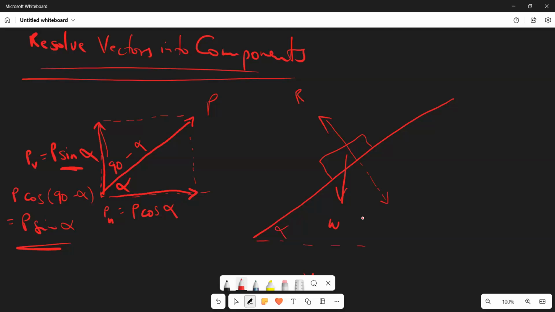The weight will have a component this way, and the weight will act this way. So I think this is going to be W cos alpha, and this one is going to be W sine alpha, right?